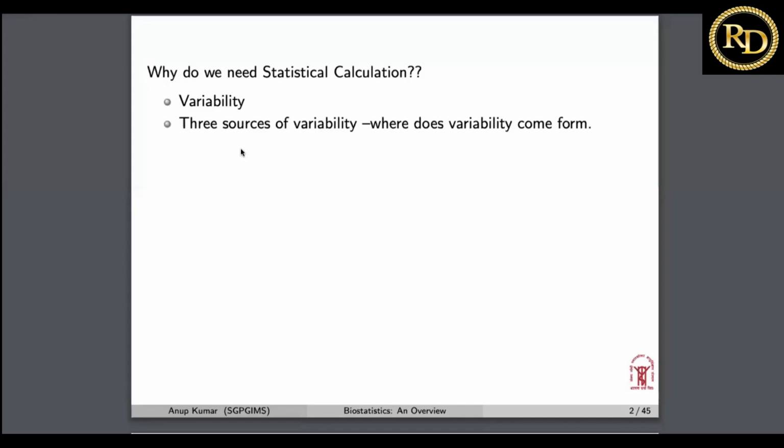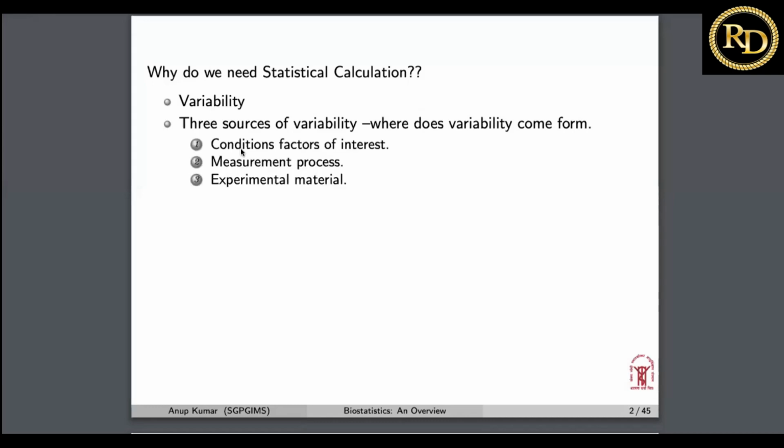Since variability in the data is the most important and fundamental part of statistical calculation, as a researcher we should understand the various sources of variability, or where the variability comes from in the data. Whenever you measure something, try to correlate your example with the points which I am going to discuss.